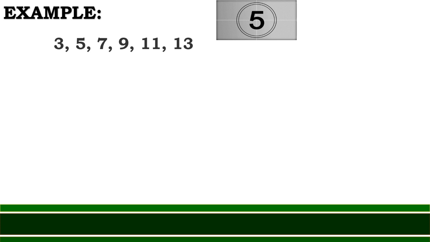Can you guess if this sequence is finite or infinite? I'll give you 5 seconds to think. Okay, this sequence is an example of finite. Very simple. It has a start and we have an end.